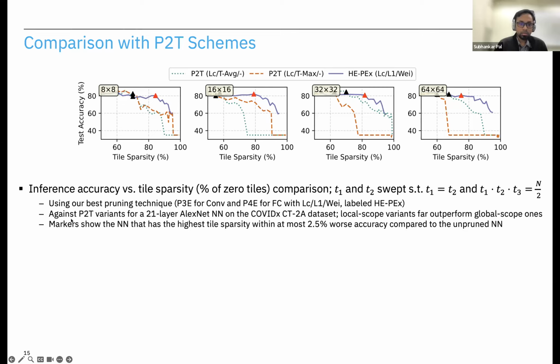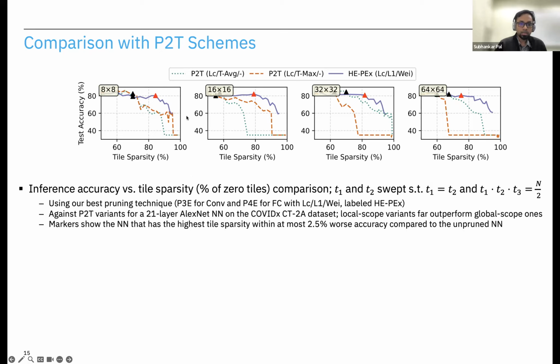But the results show the trends here. So the x-axis is the amount of tile sparsity we get for a certain amount of applied pruning, and the test accuracy is the overall end-to-end accuracy of the neural network. As we increase the tile sparsity, obviously there's a point at which the accuracy tanks.